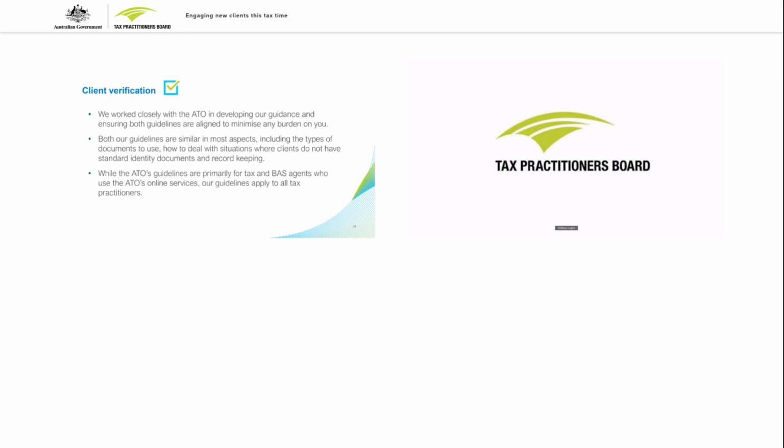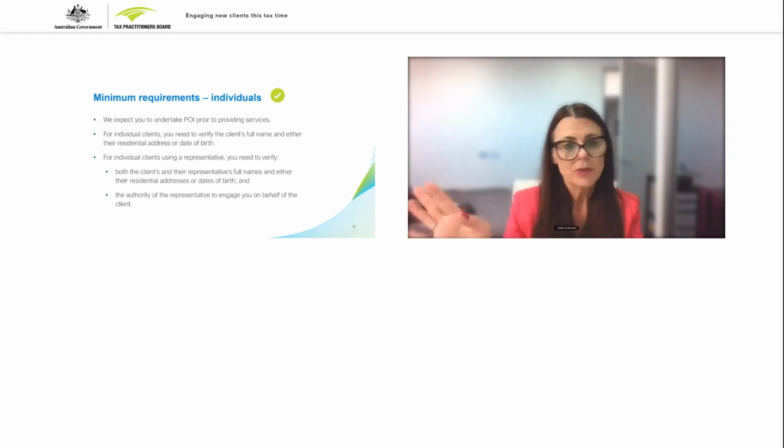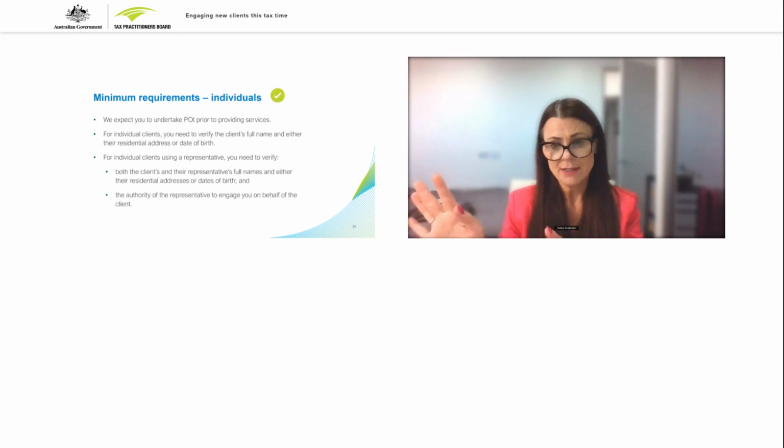Sure. So the minimum POI requirements for an individual is that you need to verify the individual's full name and either their residential address or their date of birth. So if an individual is using a representative, and when I say representative here, it might be a husband and wife, for example, and they say, just deal with my wife, she looks after all the financial stuff.